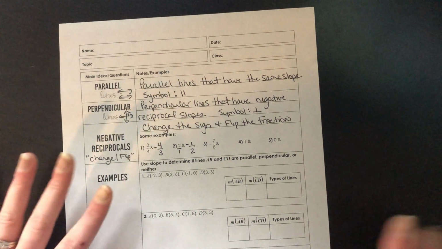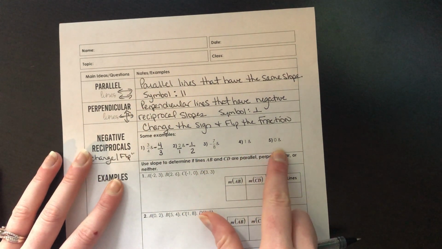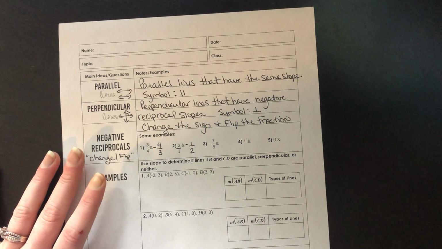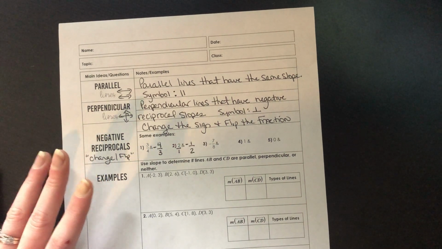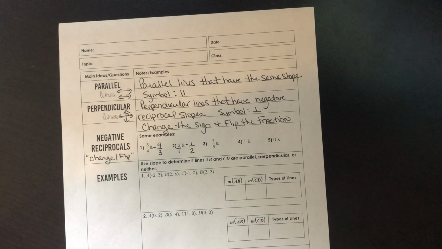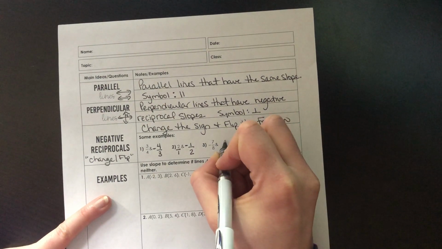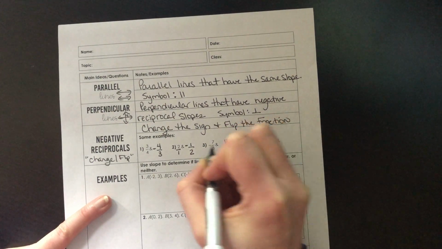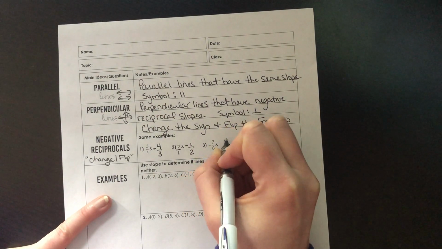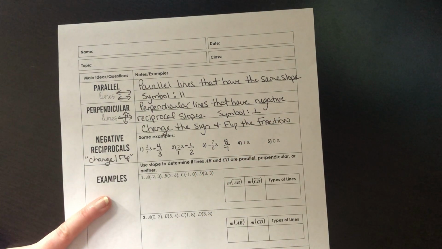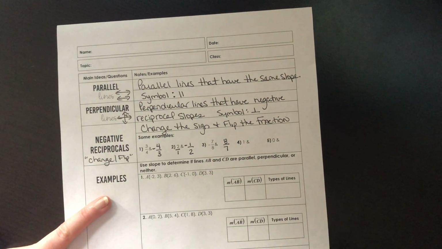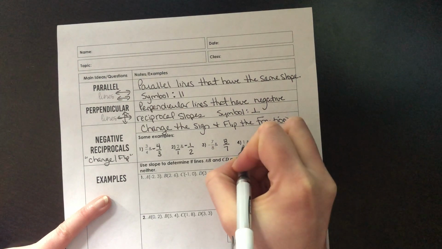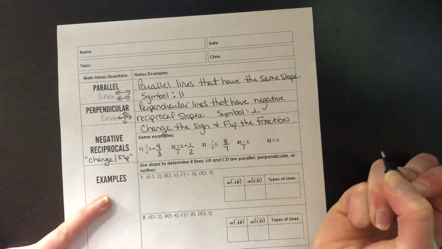I want you to pause this video and try out 3 and 4 and also 5. So pause and try out those 3. All right, so for number 3, you should have gotten, I flip the fraction, it's negative, so it becomes positive. So you would get 8/7. Number 4 is 1, so I'll write it as 1/1.